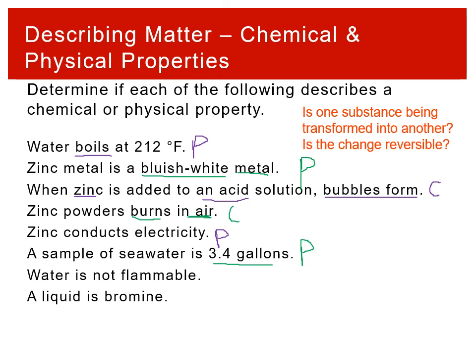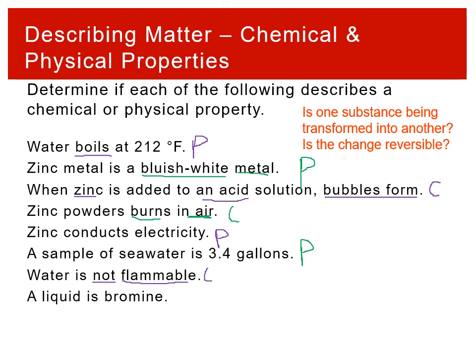Water is not flammable. This is a tricky one. Whenever we see flammable, flames, anything like that, that would be a chemical change if water lit on fire. Because you're still talking about it not doing a chemical change, that's going to be, whoopsies, a chemical property. Okay, sorry for erasing the other one.